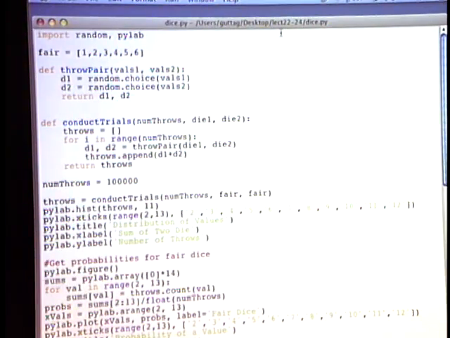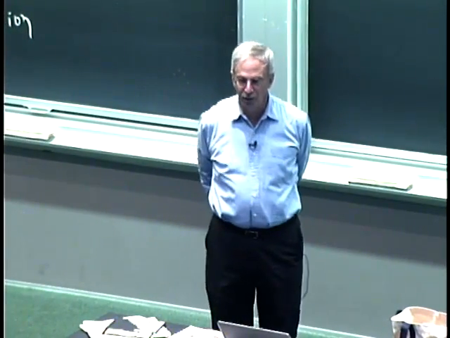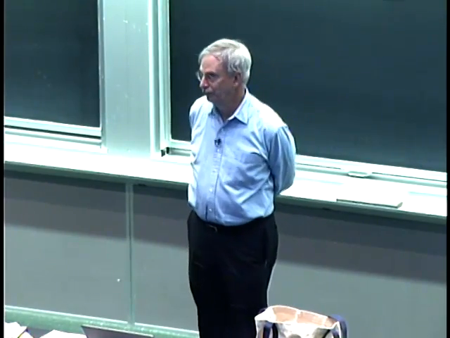And I'm going to throw a pair. You can see it's very simple. I'll take D1, first die is random.choice from vals1. D2 will be random.choice from vals2. So I'm going to pass in two sets of possible values and randomly choose one or the other and then return them.